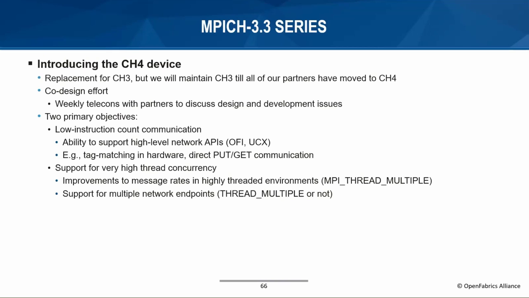The biggest change in the current stable release, the 3.3 series, is the introduction of what we call the CH4 device. Inside MPICH we have what we call the abstract device layer, which implements the functionality that interfaces from the upper-level MPI interface to libfabric and low-level network interfaces.